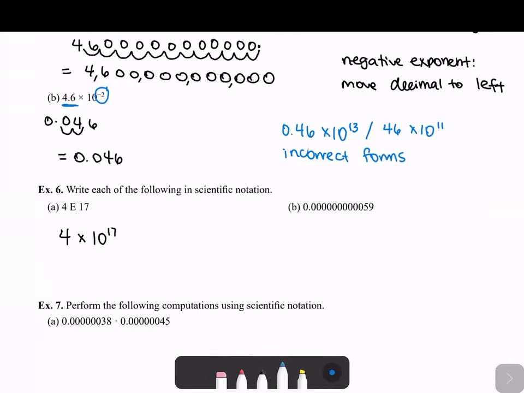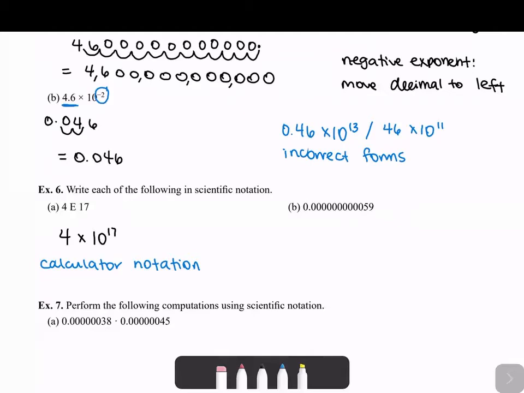So this is calculator notation. Although we don't use calculators in this course, it's good to know that if you allow students to use calculators in your classroom, this is what it will look like for them.